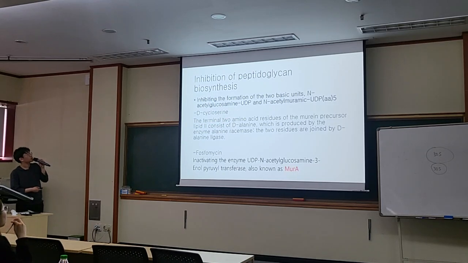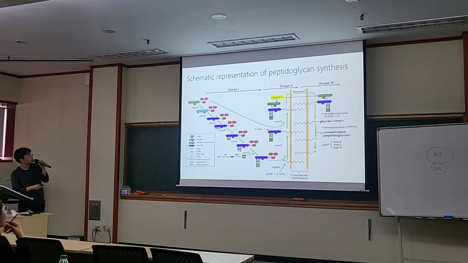And the main point is inhibiting the formation of the two basic units, NAG-UDP and NAM-UDP. And D-cycloserine acts on the terminal 2 amino acid residue of the precursor lipid 2. This is the lipid 2.